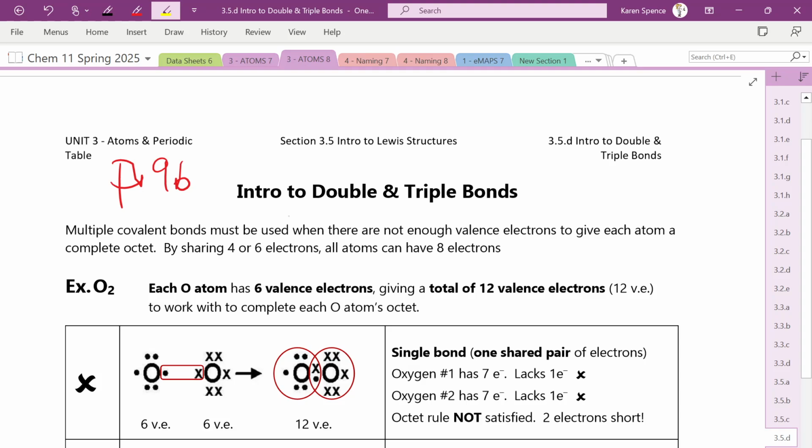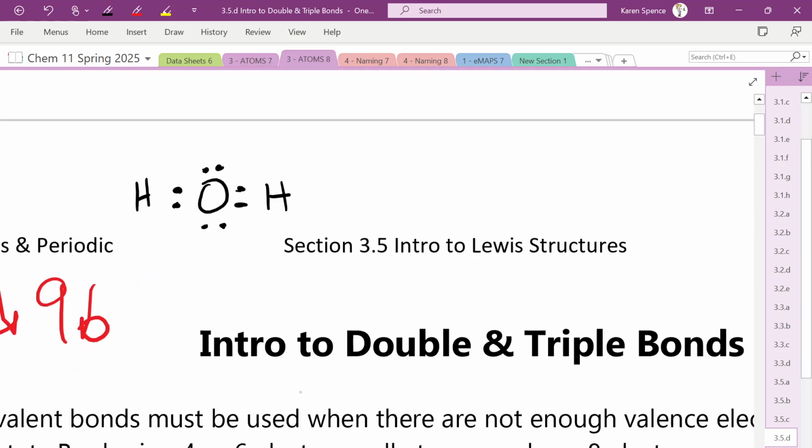So last day, what we looked at is, let's say we had an oxygen with 2 electrons shared with a hydrogen and some lone pairs, 2 electrons shared with a hydrogen, and it would look like that, yes?